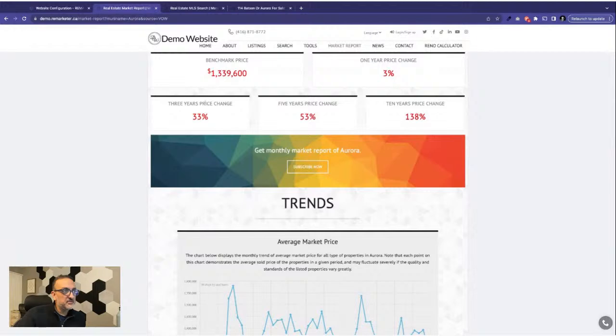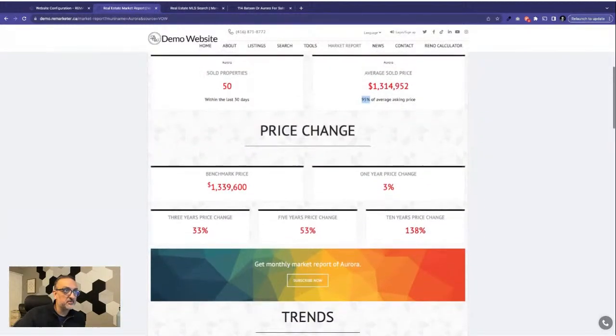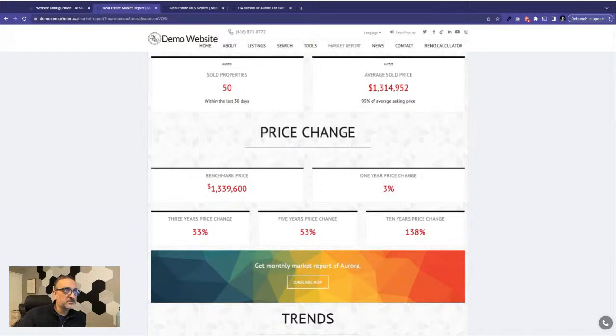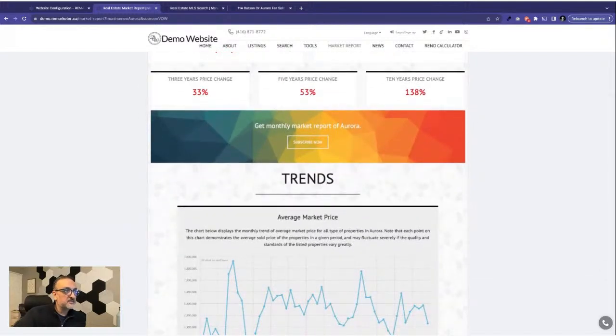You've got a 3-year, 5-year, and 10-year price change, all of which are based on the benchmark price. And remember, benchmark price is different than the average price. That's why we have both reported here, even though they're very close at this point in time, but they could be quite far apart as well, especially for different property types, which again, I will explain when that happens.